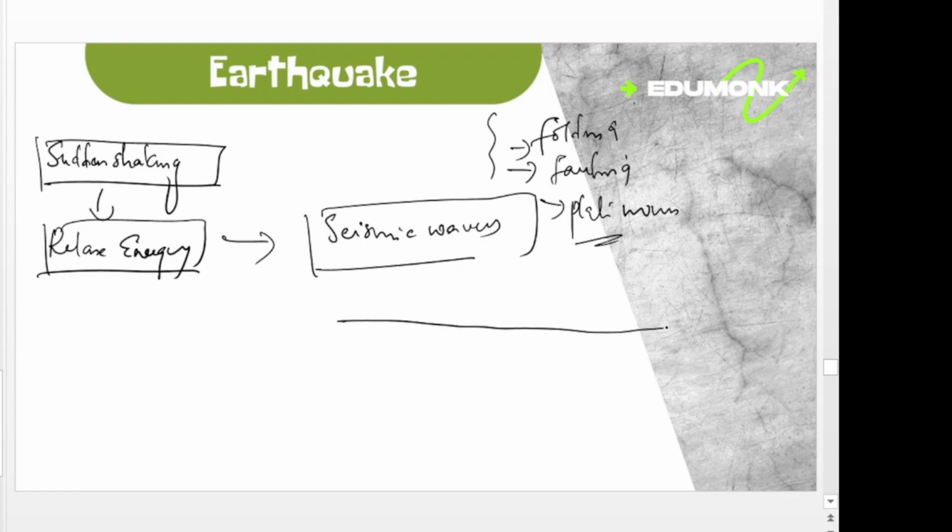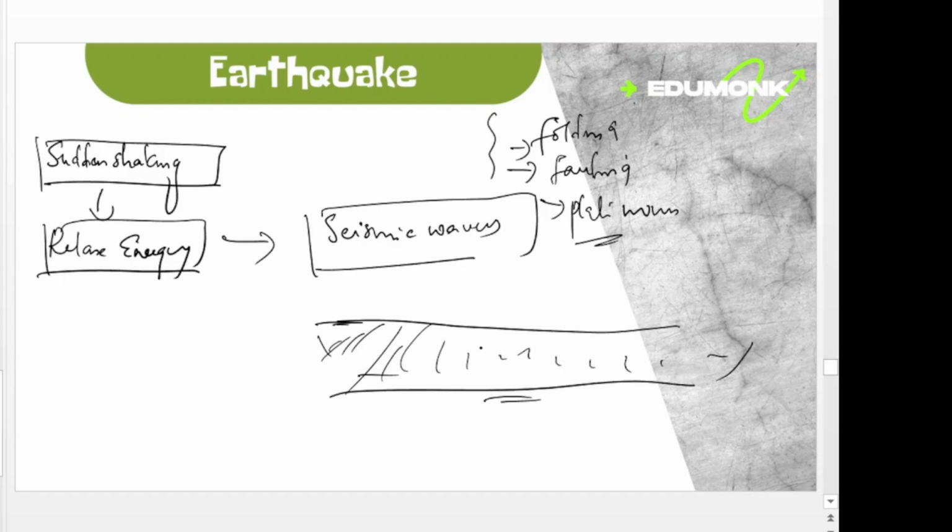We know the earth is closely packed and has different layers: crust, mantle, and core. Most earthquakes happen in the mantle or crust area, where there are different kinds of rocks. The earth is completely, finely packed.